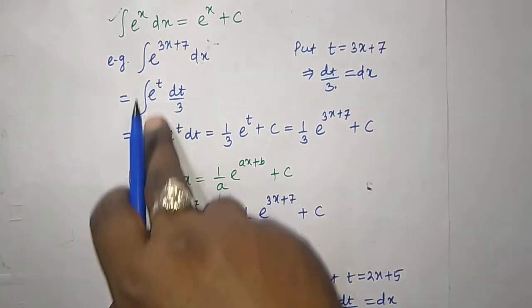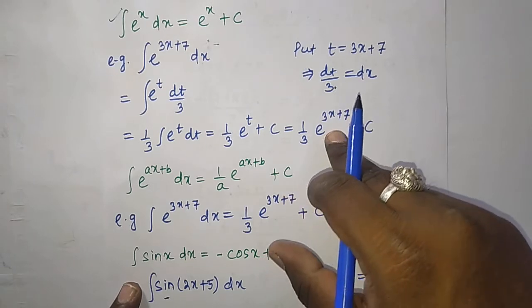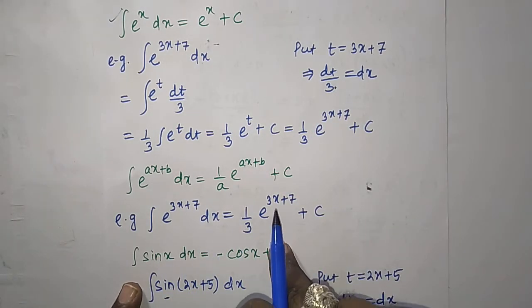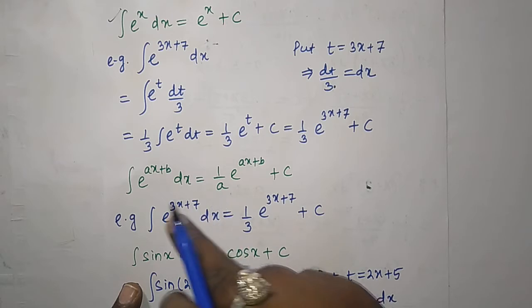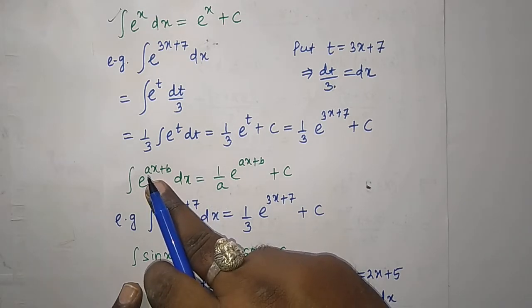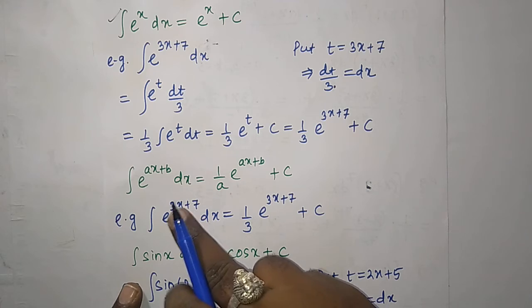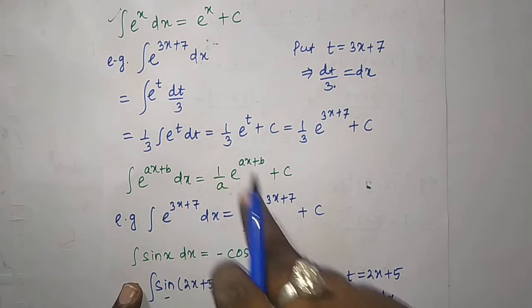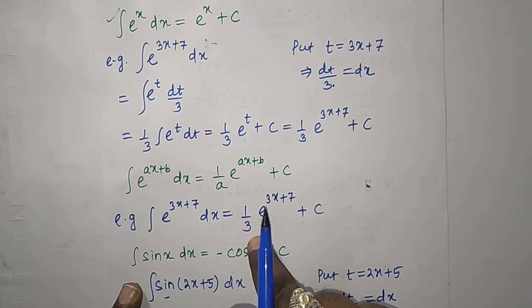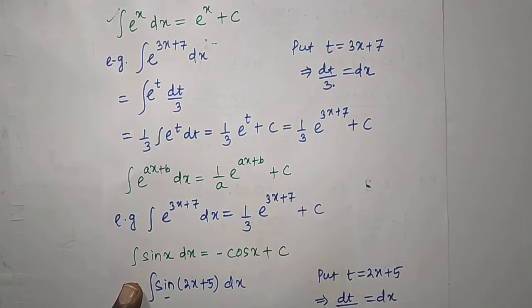This example you solved in several steps; here I am solving it in one step. Integration of e to the power (3x + 7): here the coefficient of x is 3, so a is equal to 3, so 1 by a means 1 by 3 into e to the power (3x + 7), plus c.